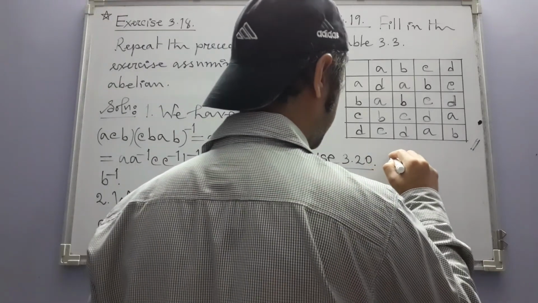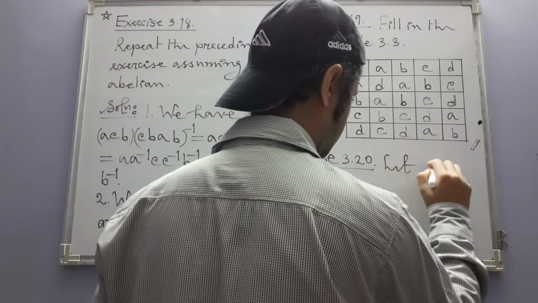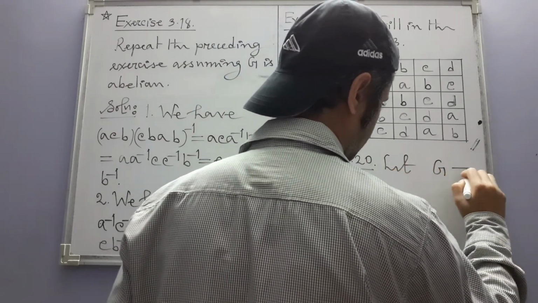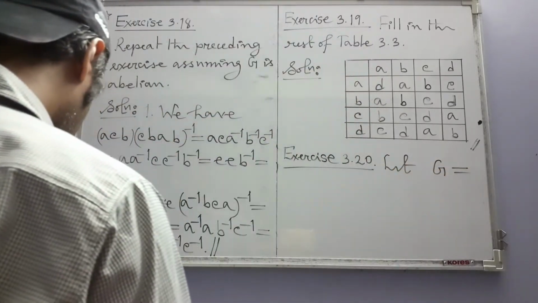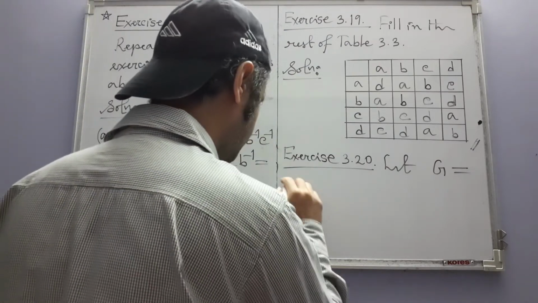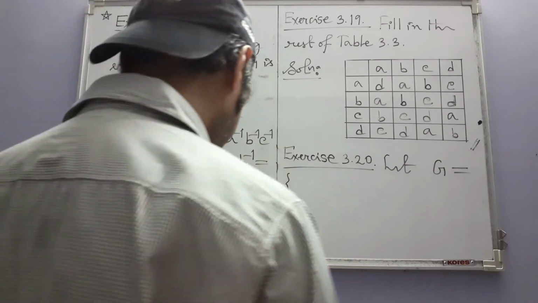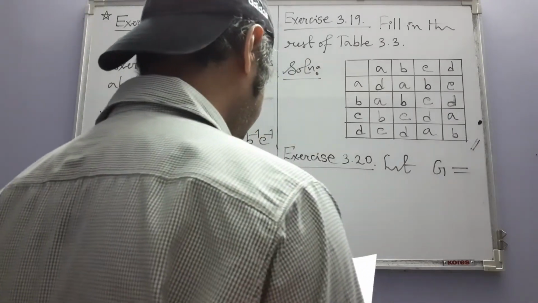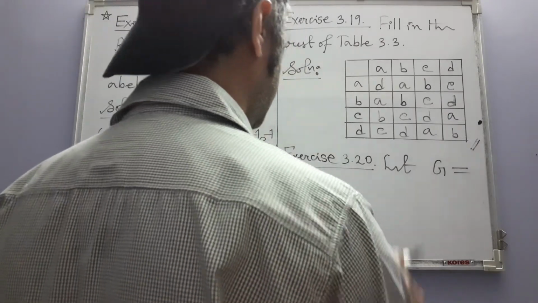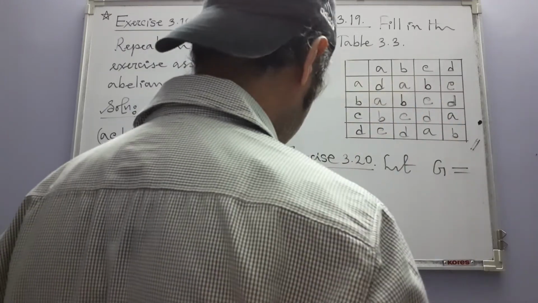Let G equal to... okay, but before I leave this solution, let me just see if I have got the correct one. D, A, B, C, right?